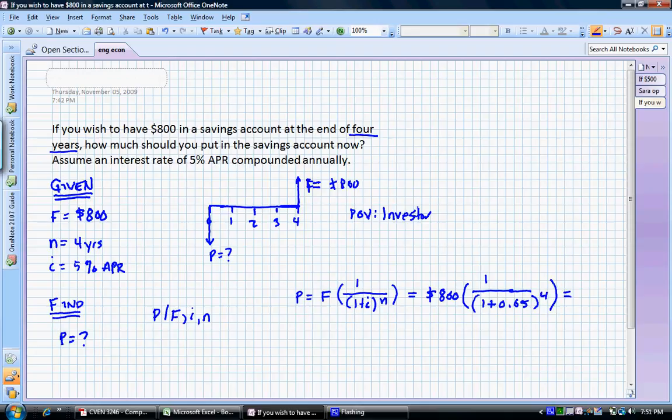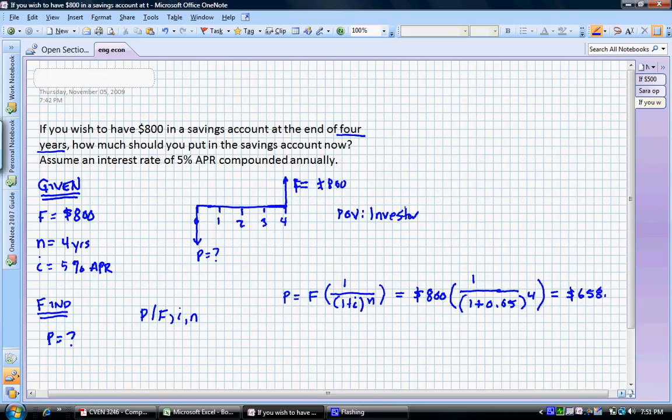And that's going to give us a final amount here of $658.16. What that says is that we need to invest $658.16 right now in an account that has an interest rate of 5% for 4 years, and at the end of that time we'll end up with exactly $800.